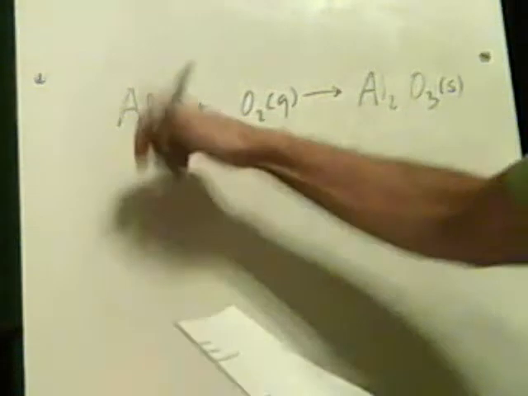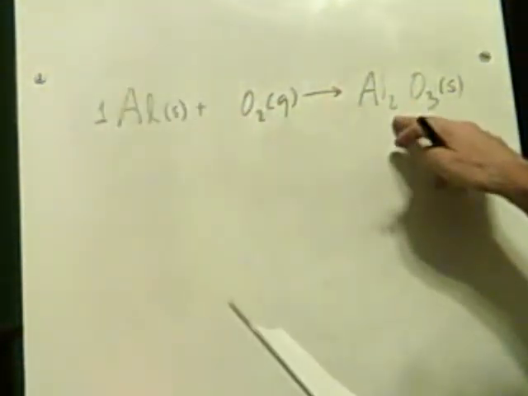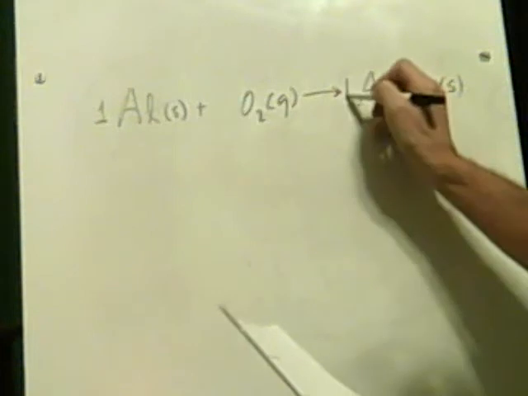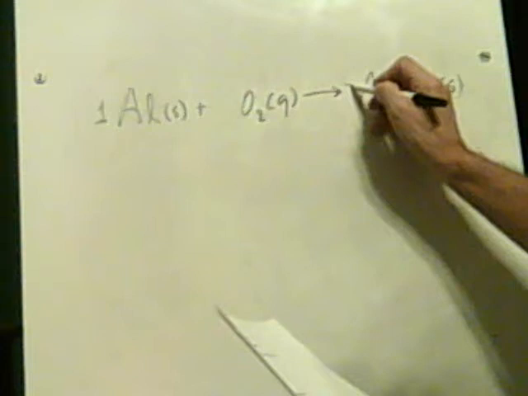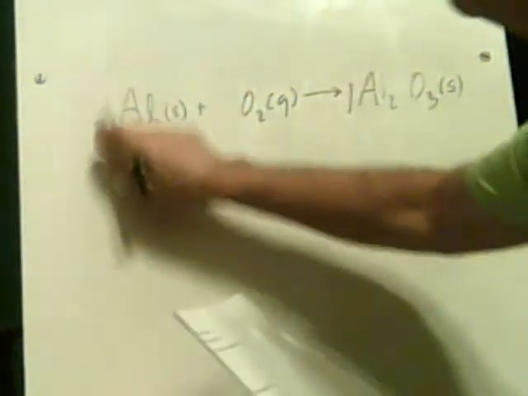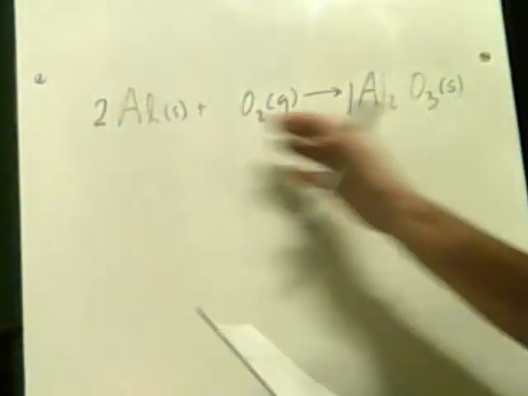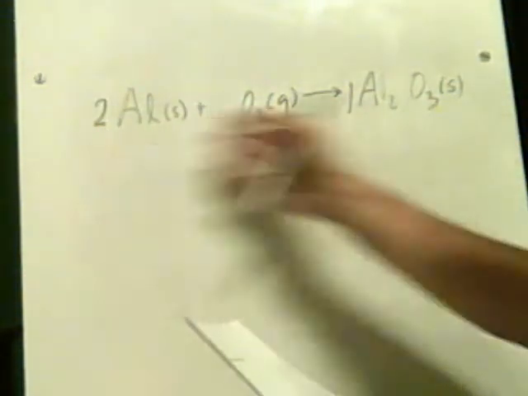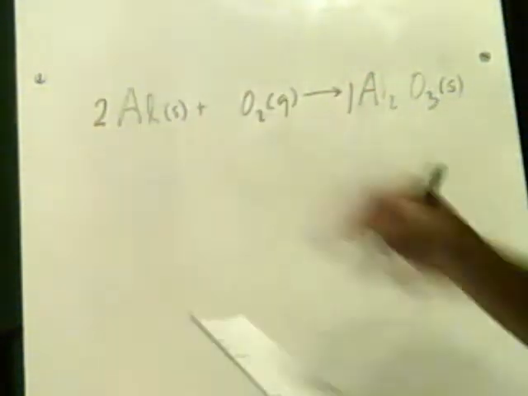Okay, so I'm going to start with the aluminum. We're just going to put a 1 over here. Oh, and now we see we have a 2 on the other side. I could put a 1/2 here. But instead, I'm going to start with a 1 over here and make this a 2, because that way I keep the fractions out of it if possible. Okay, so there's 2 aluminum, so I'm going to make that a 1. That way I can make that a 2.